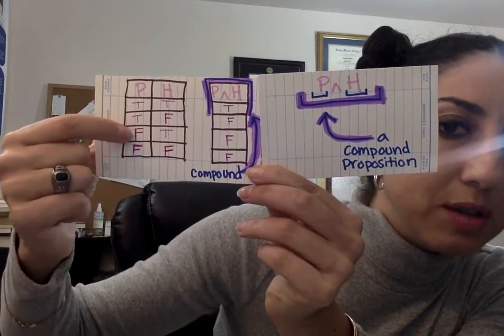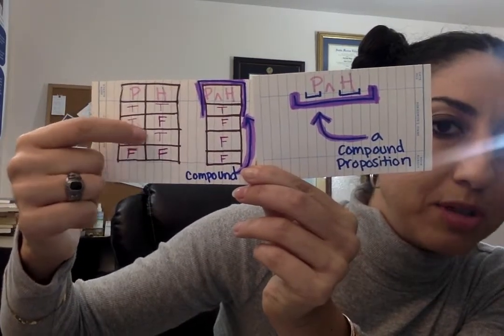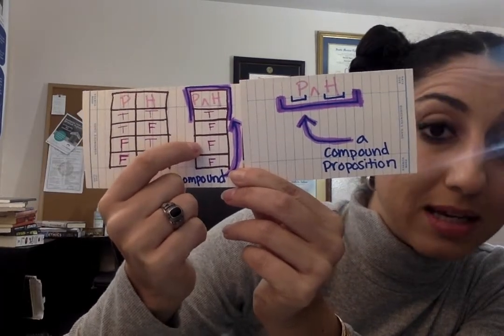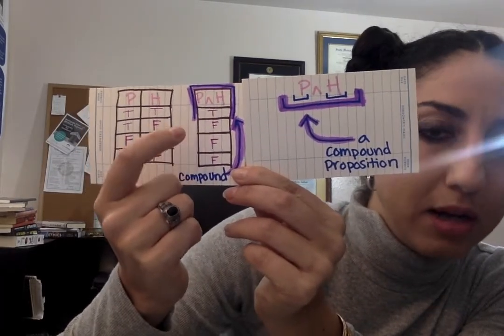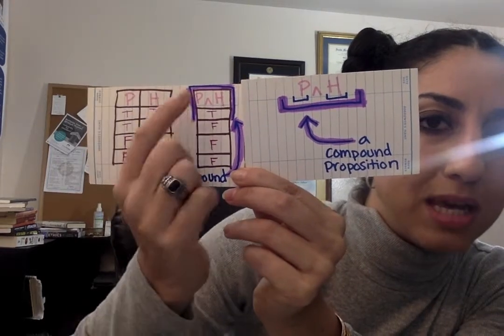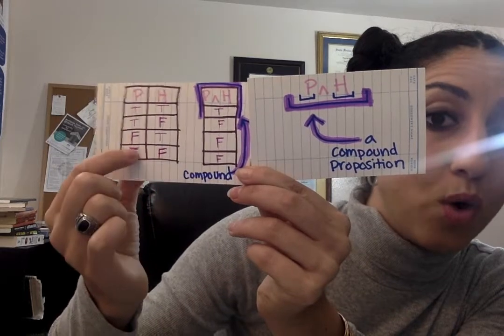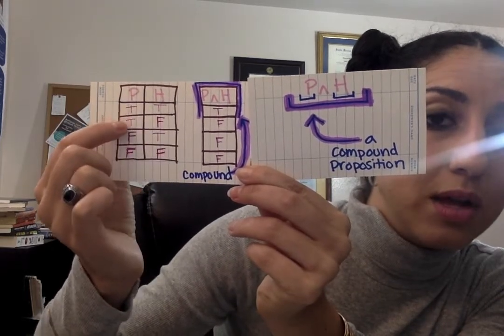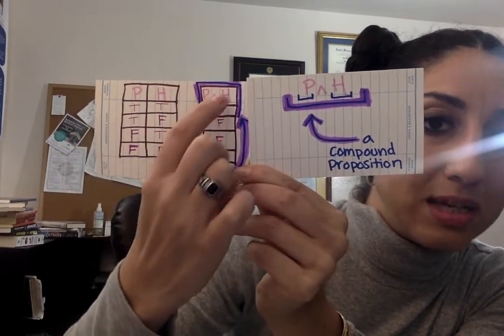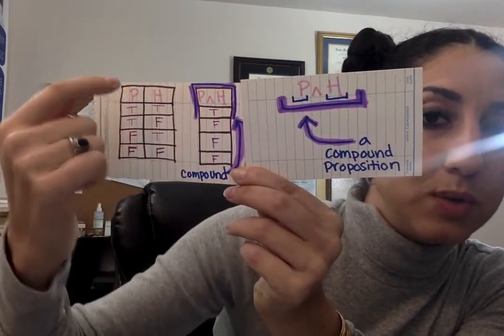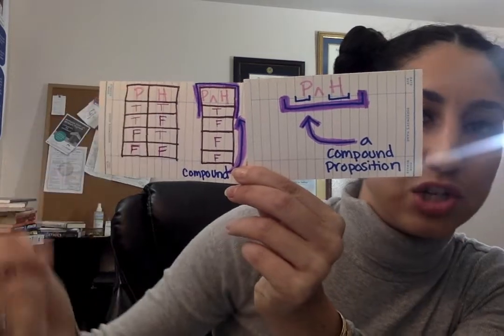If it's false that the pizza is here, but it's true that I am hungry, it's still false that the pizza is here and I am hungry. So there's three ways in which P and H could be false, and that's any circumstances where either one of them is false. The only case in which P and H, the compound proposition, is true is when P is true and H is true.